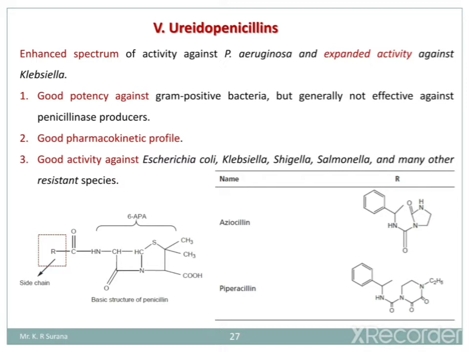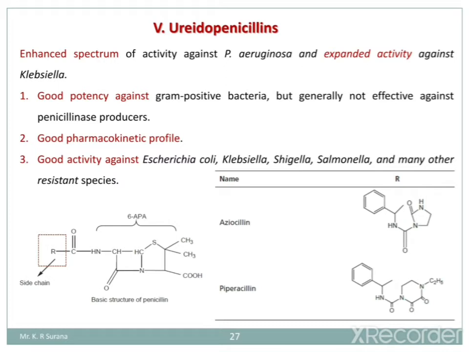These have an enhanced spectrum of activity against Pseudomonas aeruginosa species, and expanded activity against Klebsiella species. These ureidopenicillins have good potency against gram positive bacteria, but generally they are not effective against the penicillinase producers, meaning the bacteria producing the penicillinase enzyme.